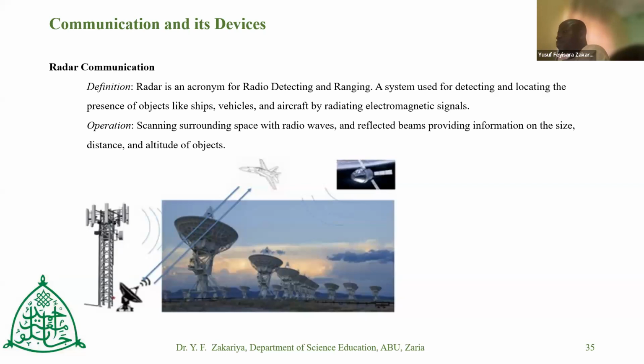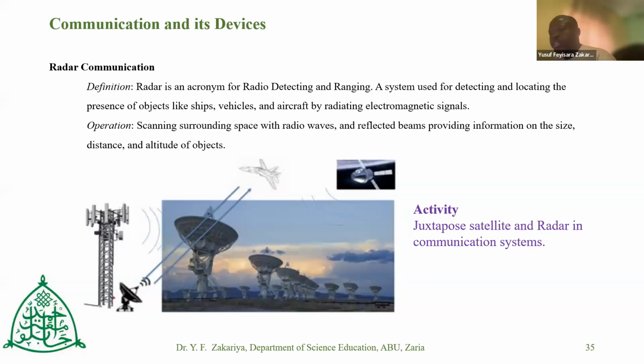Okay, and we have a short activity now, in which I'm going to put you in groups. We shall do the activity in 5 minutes. The instruction is: juxtapose satellite and radar in communication systems. This is an open activity, in the sense that you are allowed to take your phone, go to Google, find the difference between satellite and radar, and talk about the difference in your group.